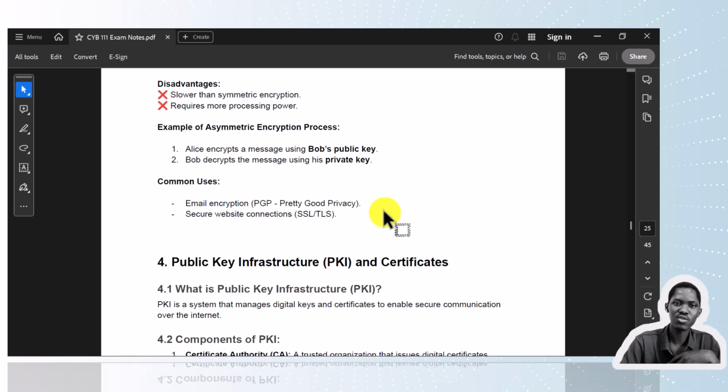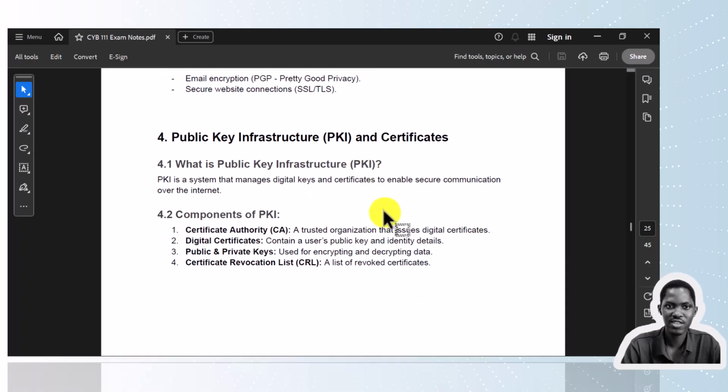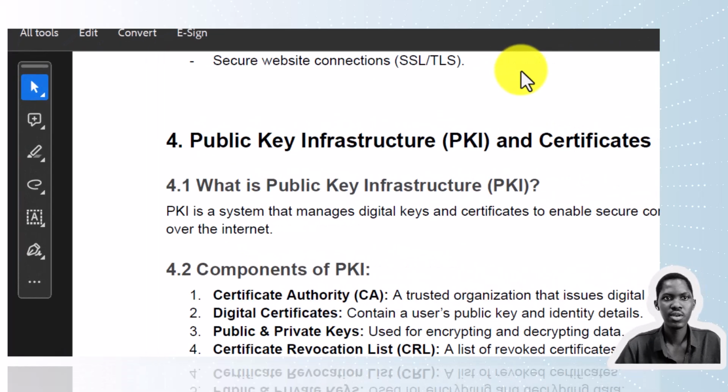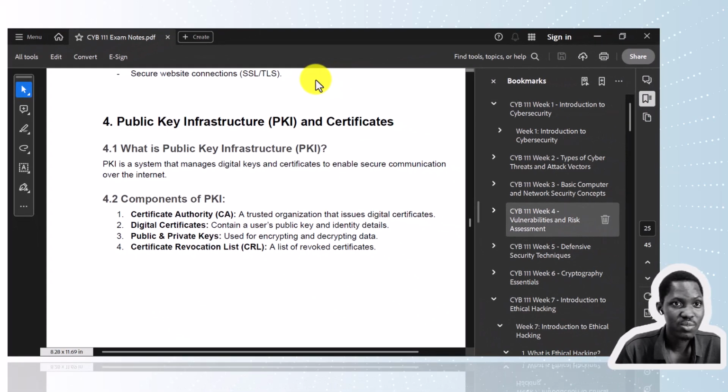Now, we are going to move to another topic, which is public key infrastructure and certificates. So, what is public key infrastructure? We've done public key cryptography. We've explained what public key cryptography is to ourselves. That is sorted. So, what is now public key infrastructure? What is this new infrastructure thing that is not cryptography?